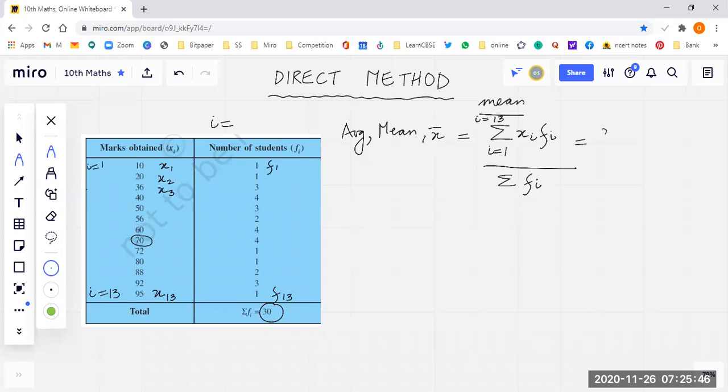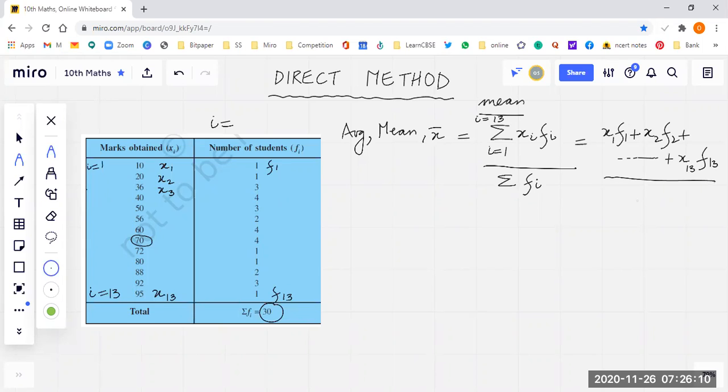So this is x1 f1 plus x2 f2 plus, till the last row in your data. So i is 13, so it will be x13 f13. You need not even write it. Just for the explanation, I'm telling you.